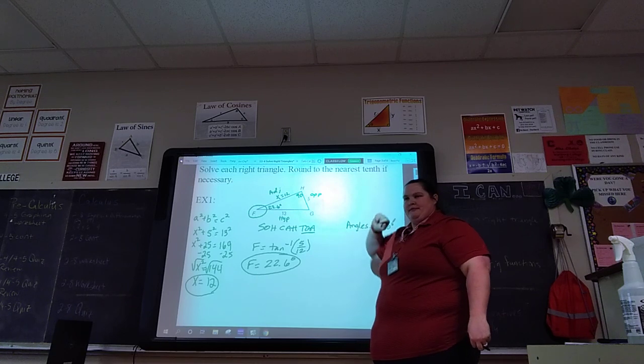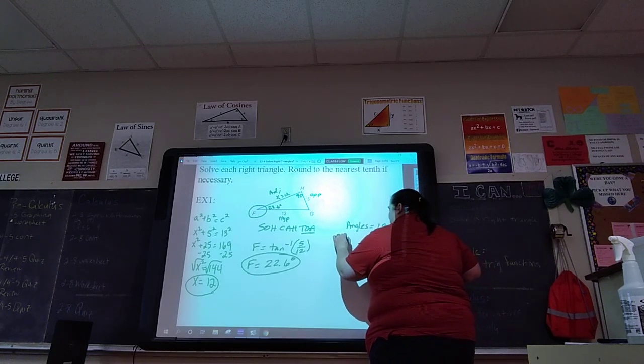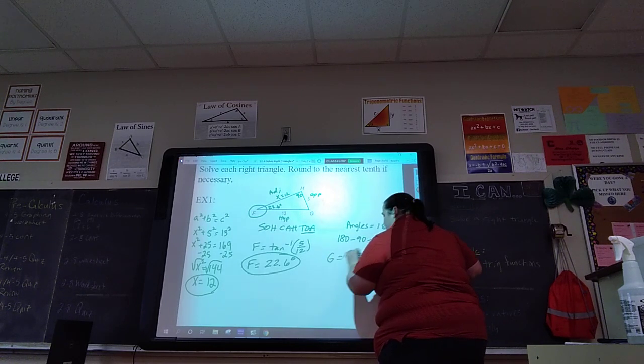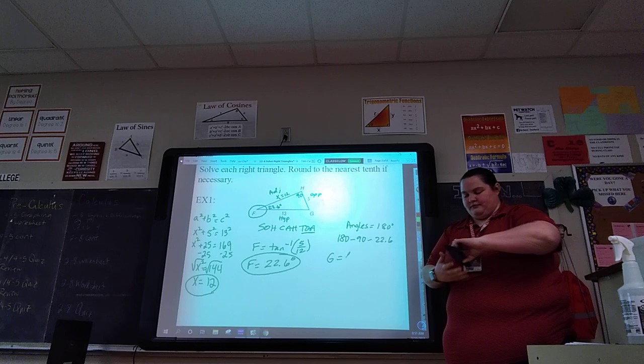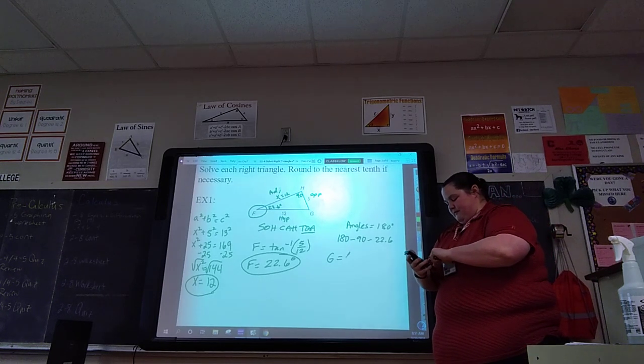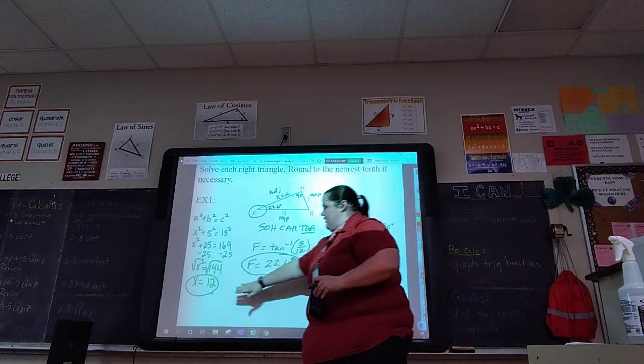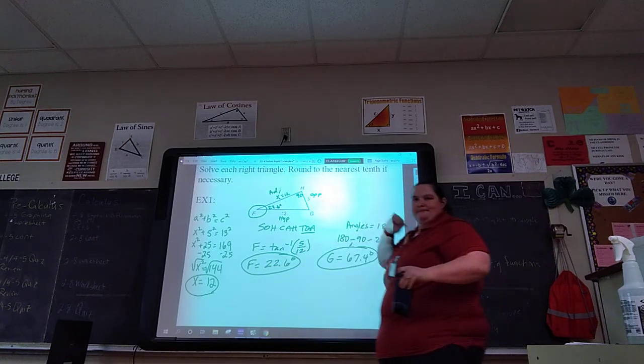Does that make sense? So I'm just going to take 180, subtract the two angles that I know, and that'll give me angle G. So it's just 67.4. And I found all three of the missing pieces.